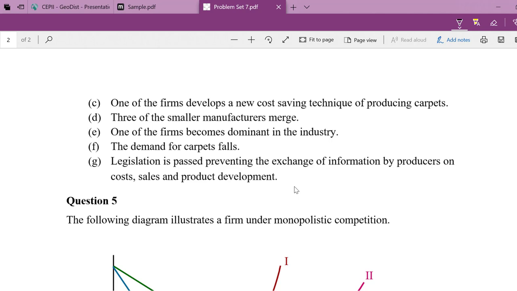Collusion is when you exchange information between yourselves. Tesco goes to Sainsbury's and says, let's keep the little and Aldi guys away. Why not price in a way that helps us maintain our dominance? Why not exchange our know-how, or the technology that keeps our costs lower? So that's collusive behavior.